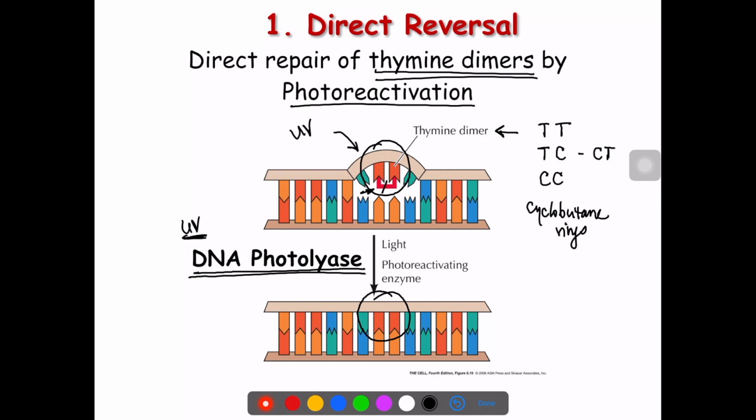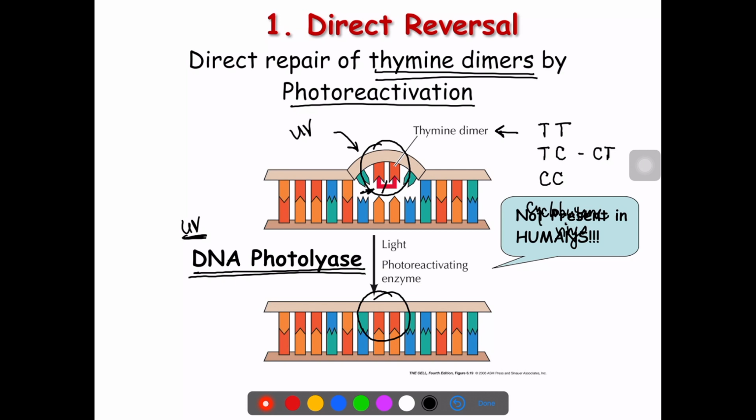Now, this is a very effective, very rapid mechanism to revert that kind of DNA damage, and it actually represents the most efficient way to eliminate those kinds of mutations in your DNA, those cyclobutane rings.